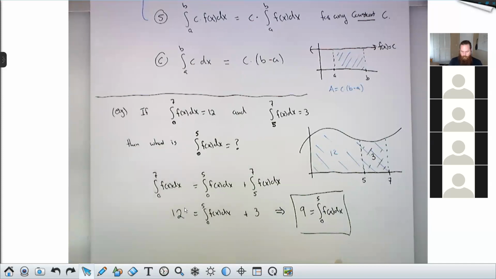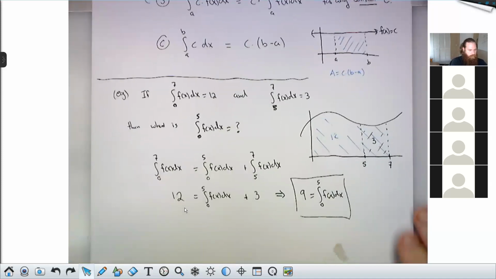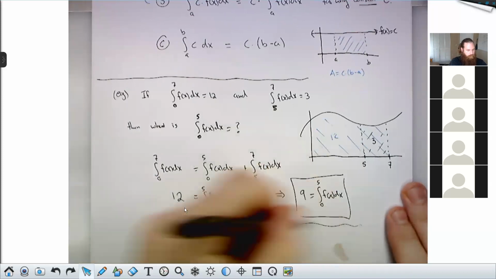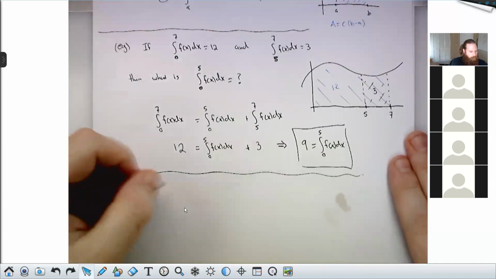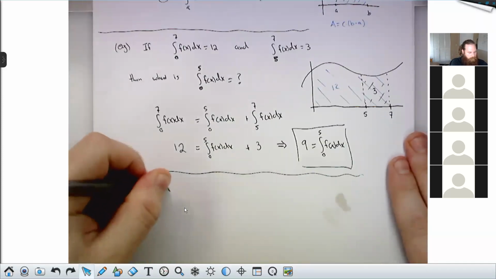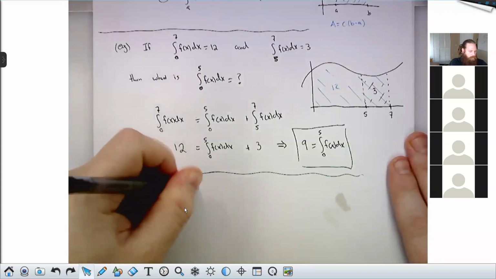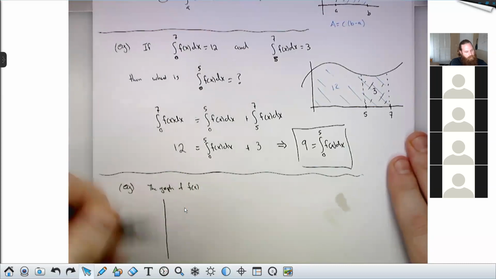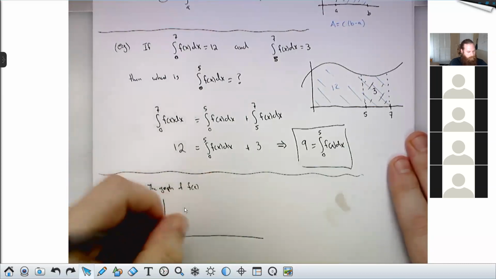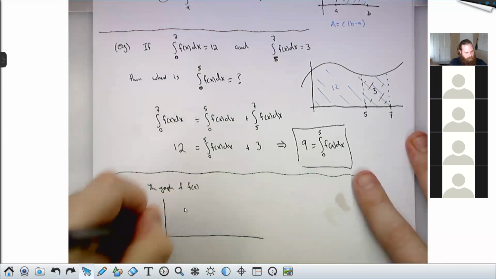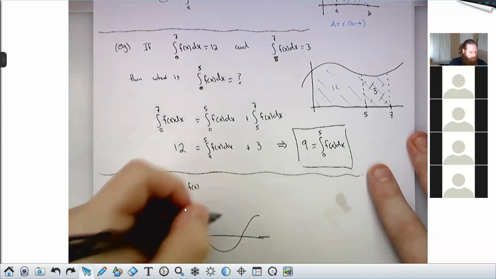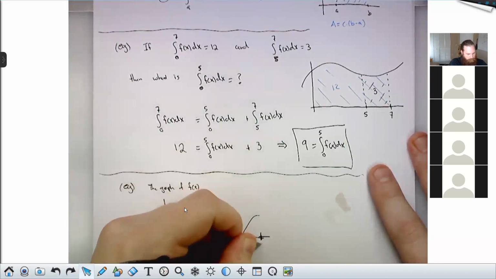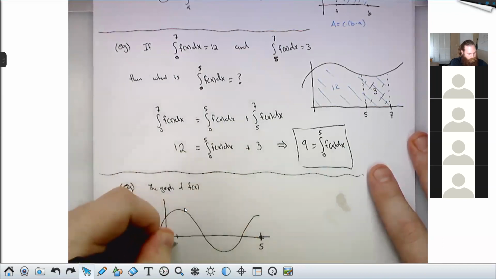Okay, let's try one more. What if I gave you the graph of f of x and some areas? Do it like this, and let's say here is 5 and here is 1.